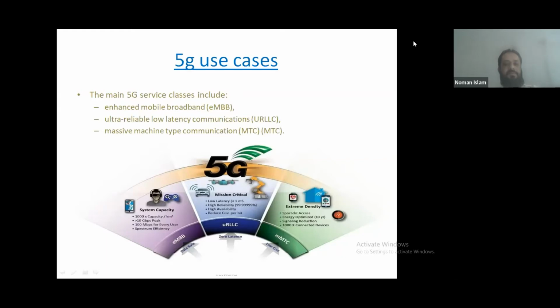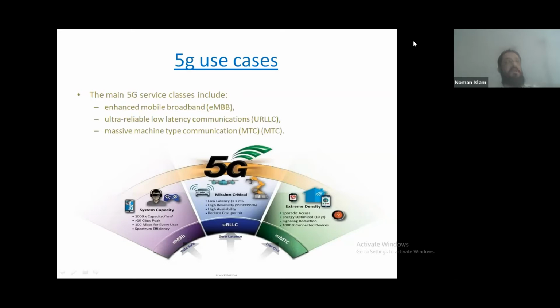three types of services: enhanced mobile broadband services, in which we have a huge capacity for streaming multimedia contents. Then URLLC, ultra reliable low latency communication.